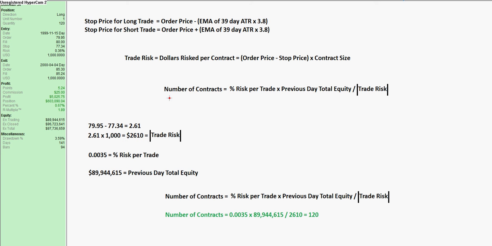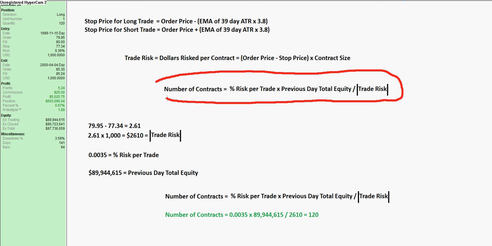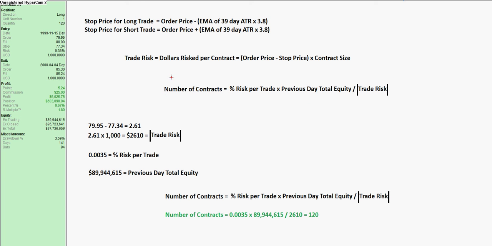Our formula overall is this one right here. We're trying to fill in these numbers to get the number of contracts. We just found our trade risk was 2,610. We still need to find our previous day total equity and our risk per trade. Our previous day total equity is already listed for us over here in the green rectangle, right here, 89,944,615.